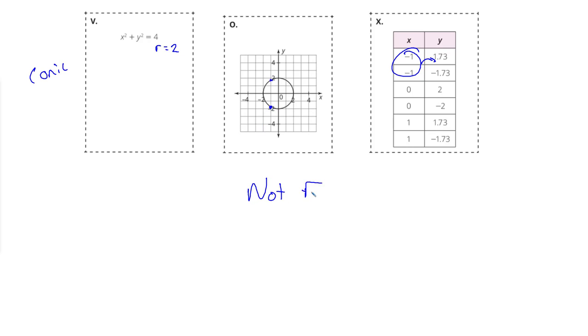So far, everything else has been a function. But this one fails that vertical line test. And then I can also see it here because there's 2 different y values for that negative 1. And I can see it here because there's a y squared. So those are all ways to tell if it's a function or not a function. And it is a conic.